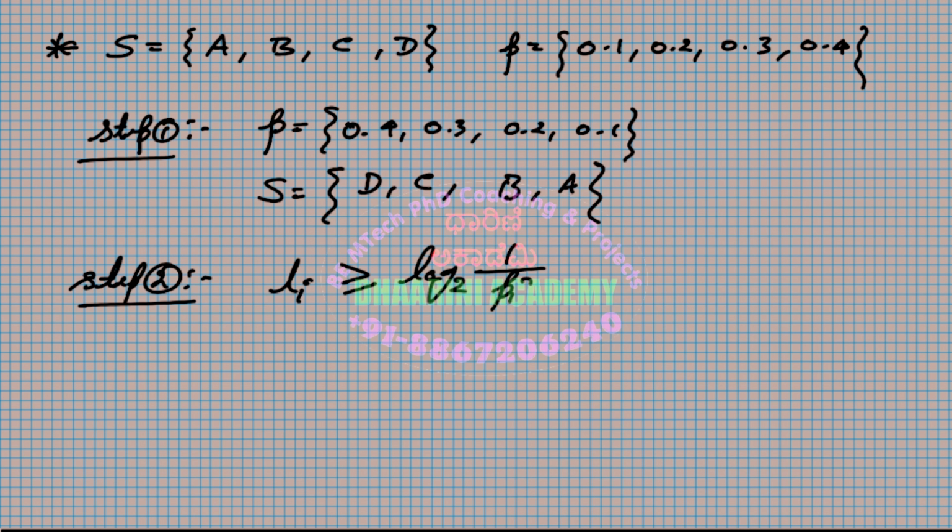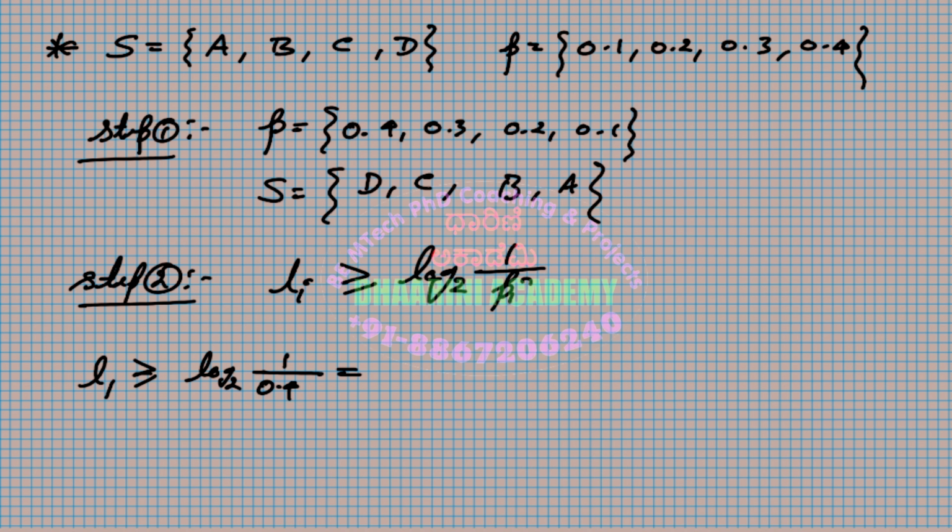The pi's are given as 0.4, 0.3, 0.2, 0.1. First I am calculating for D now. L1 should be greater than or equal to log to the base 2 of 1 divided by 0.4. Can you calculate this and tell me?